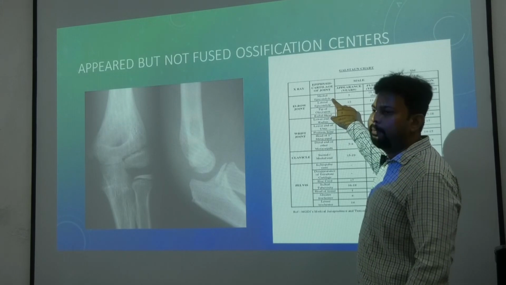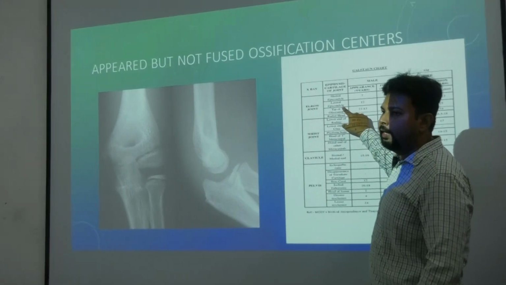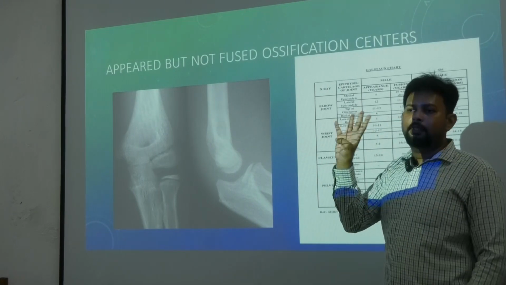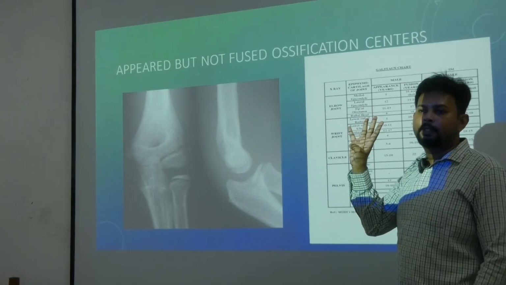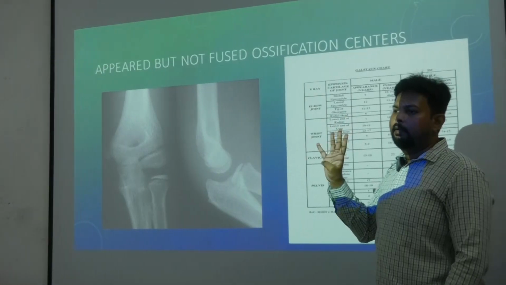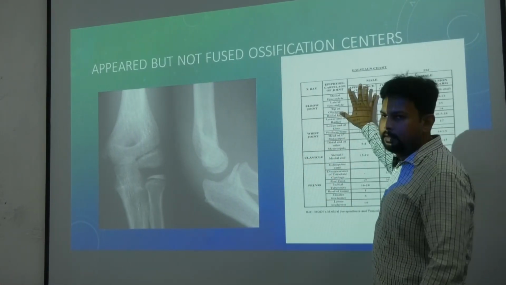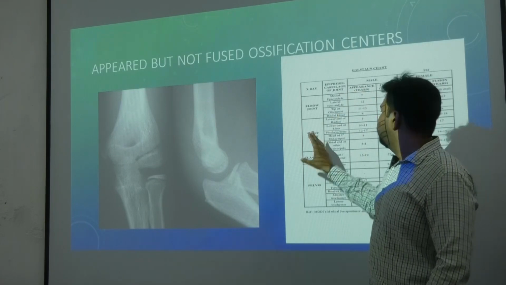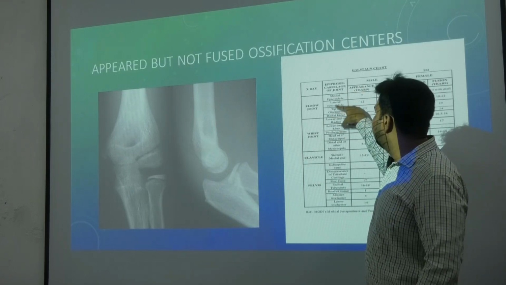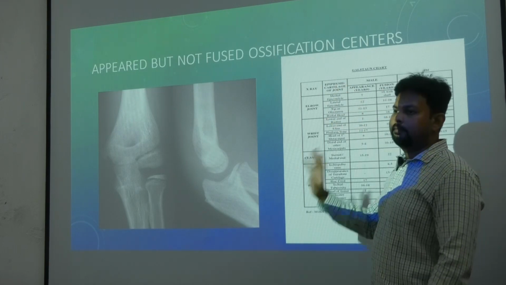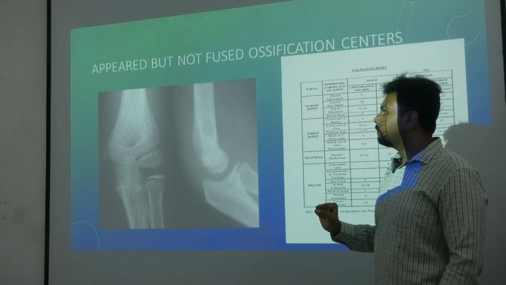First is the medial epicondyle, lateral epicondyle, and tip of olecranon and radial head. These four things. From these four things we can estimate the age. We don't need trochlea and we don't need capitulum as per this chart. So only by these four parameters we can estimate the age.